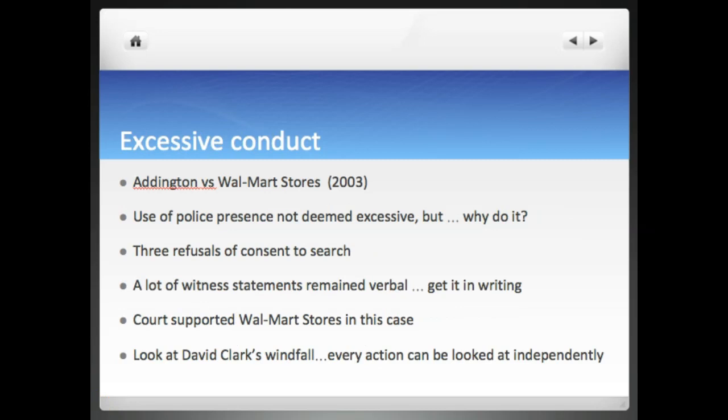So I think Addington versus Walmart Stores of 2003, an Arkansas case, Walmart being headquartered in Bentonville, Arkansas, is really a textbook example of excessive conduct.